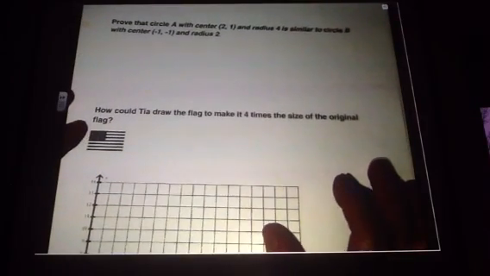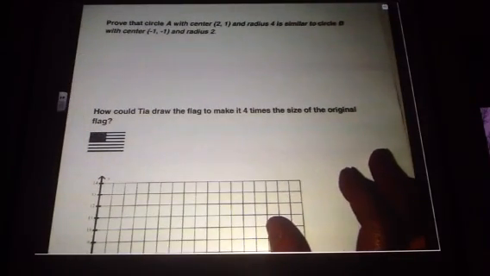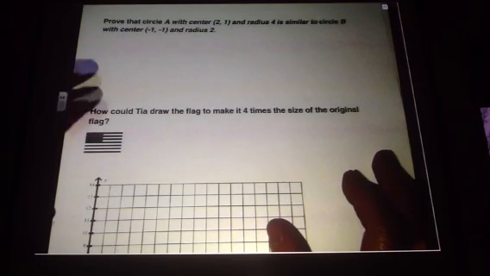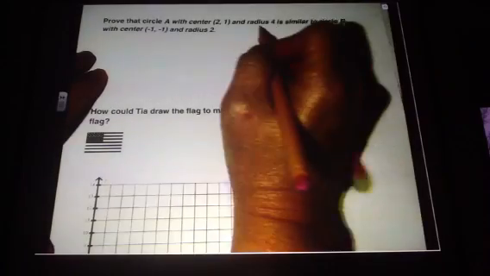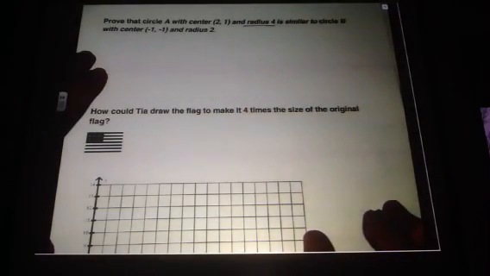All right, next problem here. We're going to prove that circle A with center 2, 1 with radius 4 is similar to circle B with center negative 1, negative 2, radius 2.